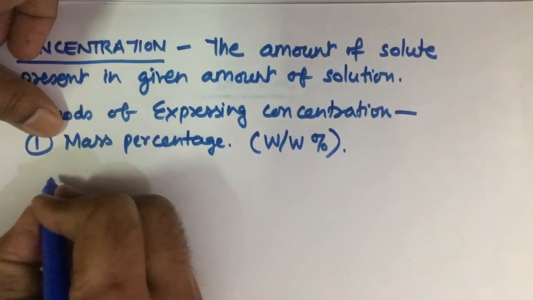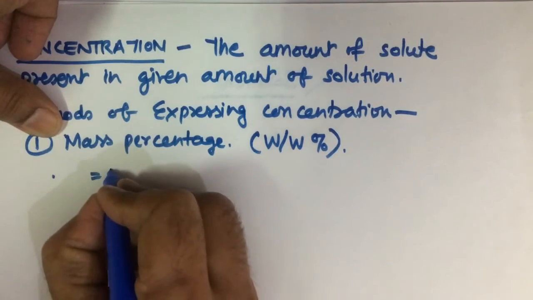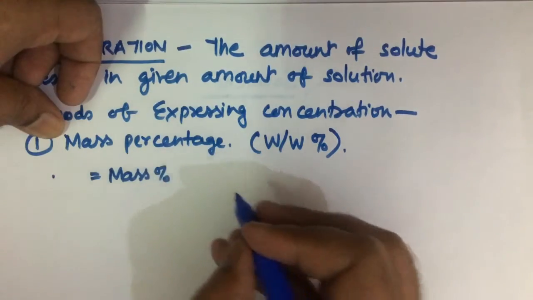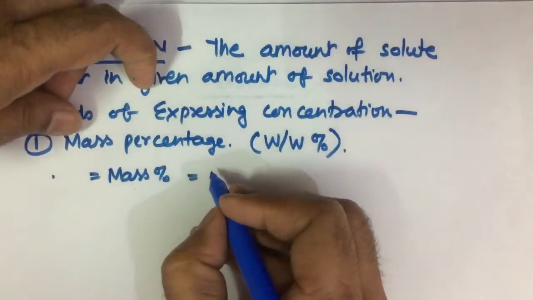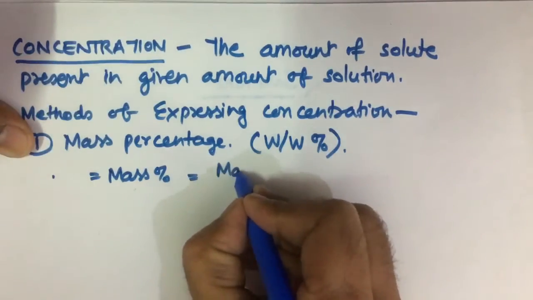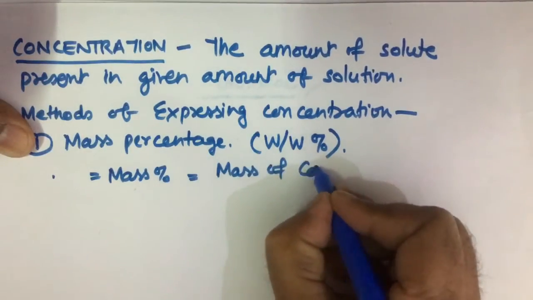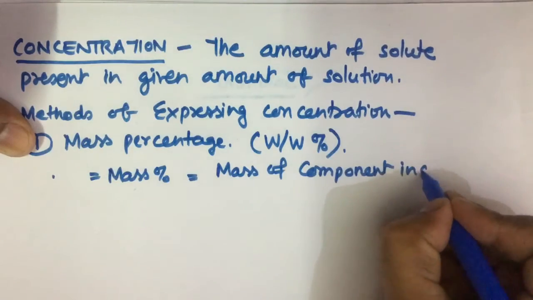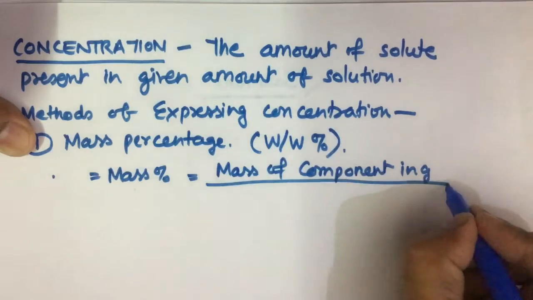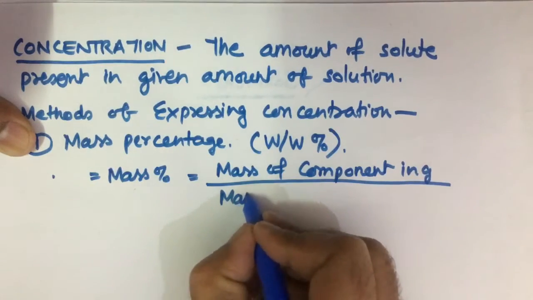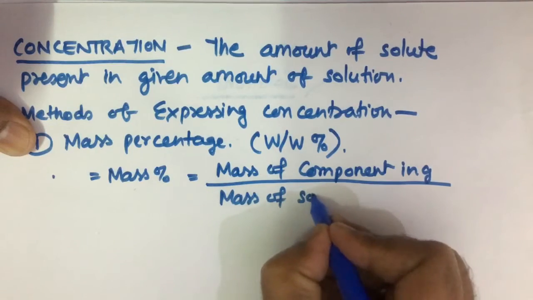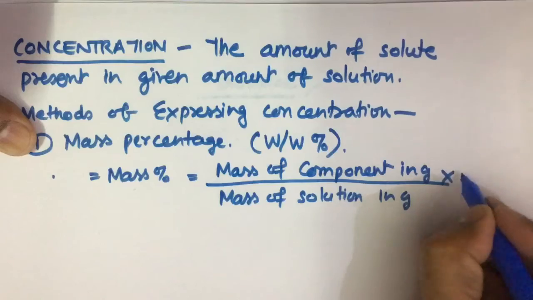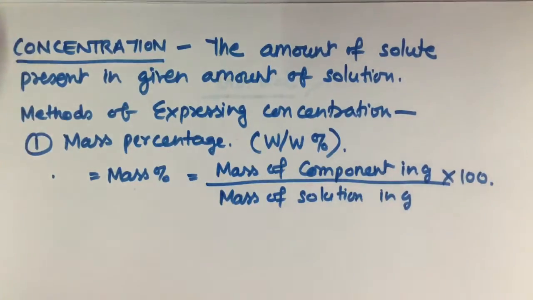Mass percentage, this is mass percent, or called as W by W percent. This is equal to mass of component, that is solute, in grams upon mass of solution in grams multiply by 100.